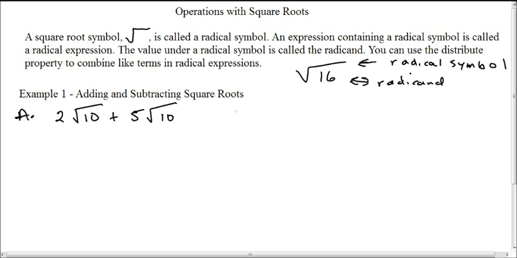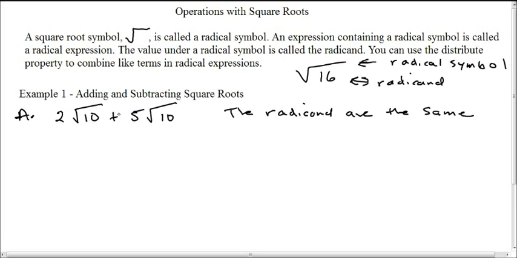Well, we know that the radicands are the same. If they are the same, then they are like terms. So the only thing we want to do is combine the like terms, meaning we combine the numbers in front of the radical. Again, if there's no number in front, that number is understood to be 1.